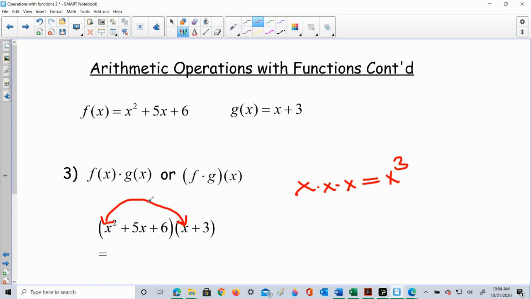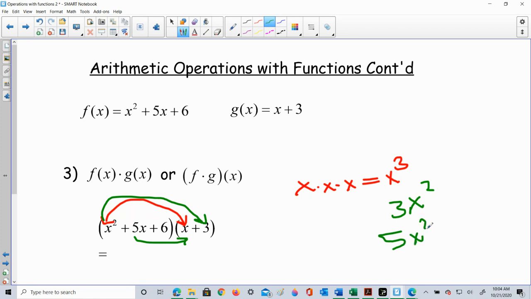Let me stay with that for a second. And then I want x squared times 3. 3 times x squared is just 3x squared. So I've got 2 of those terms already. Now I've got to take 5x. 5x times x is 5x squared.